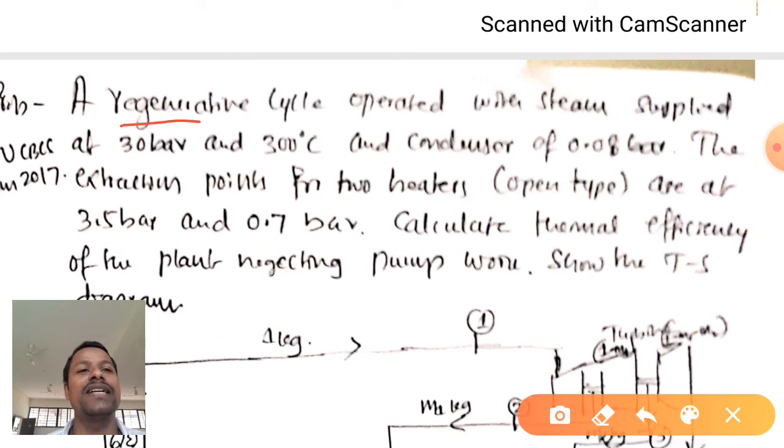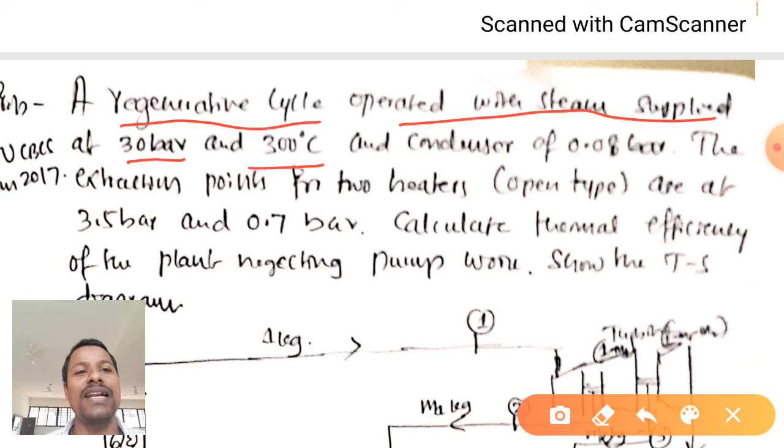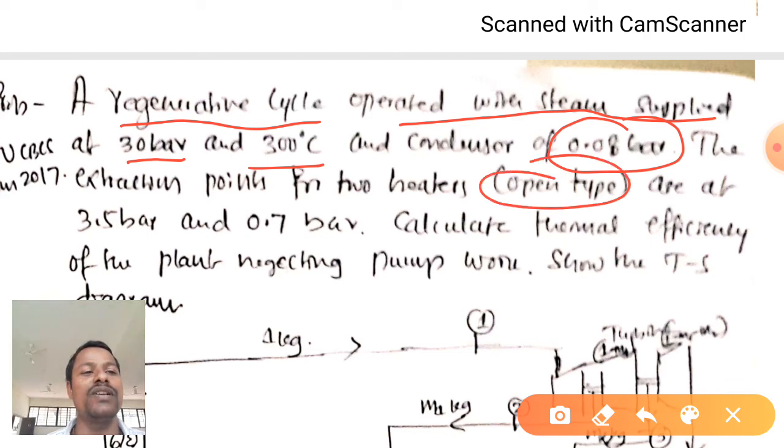A regenerative cycle operated with steam supplied at 30 bar pressure, please remember, and 300 degrees Celsius. This is the condition of the steam at the turbine inlet, and the condenser is operating at 0.08 bar pressure. The extraction points for the heaters are open type, meaning open type feed water heaters.